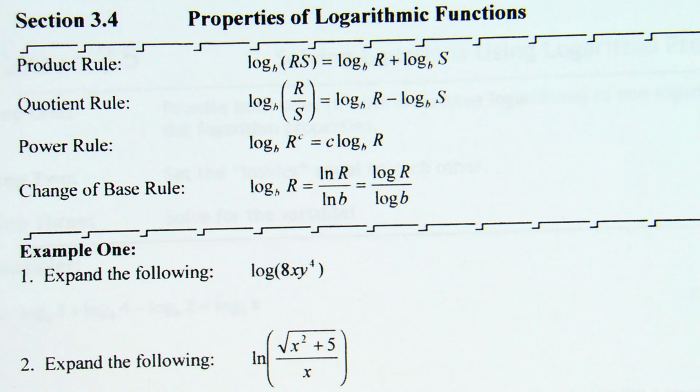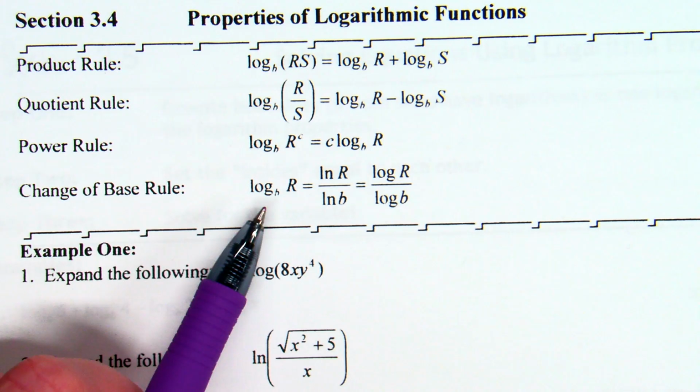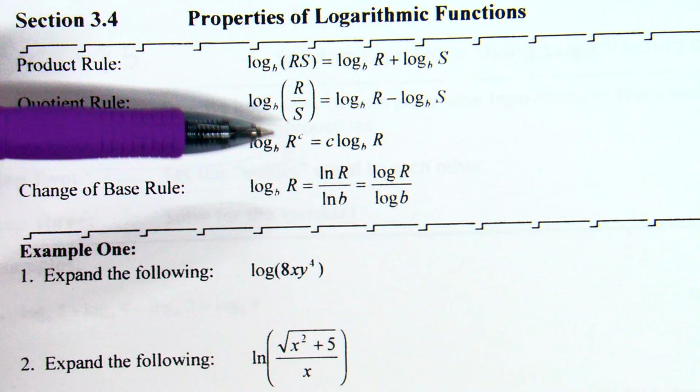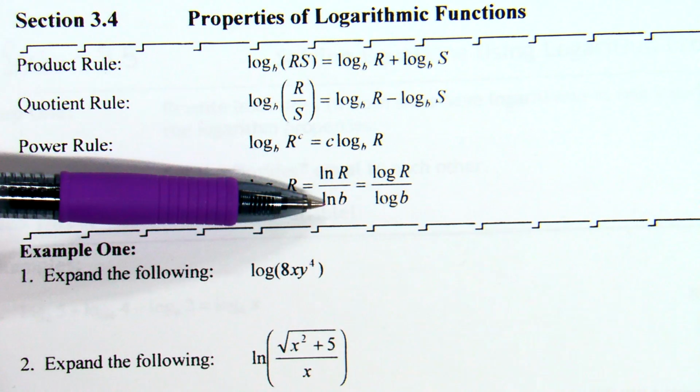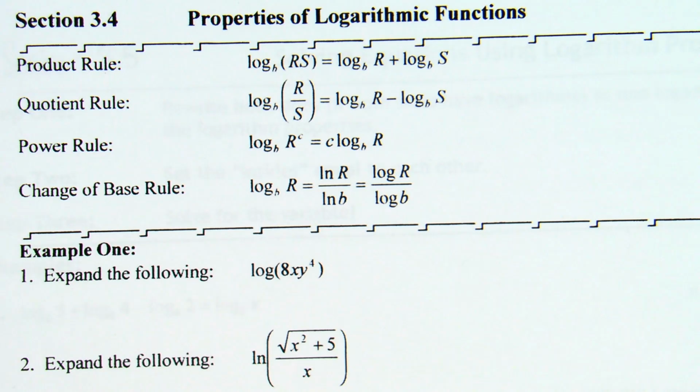Now, with that in mind, what the change of base rule allows us to do is take those traditional log buttons on the calculator and calculate it. So log base b of r can either be rewritten and calculated as natural log of r divided by natural log of b, or log of r divided by log of b using base 10. Technically, you could rewrite them with any base, but the advantage of rewriting with base 10 or base e allows us to use the calculator. So those are the 4 properties we are going to be working with today.